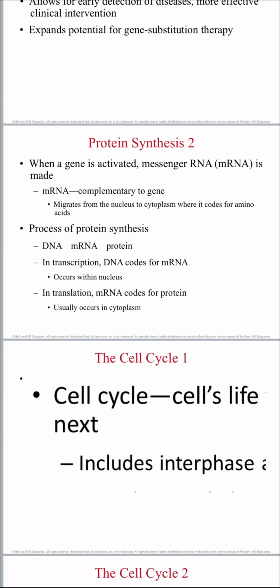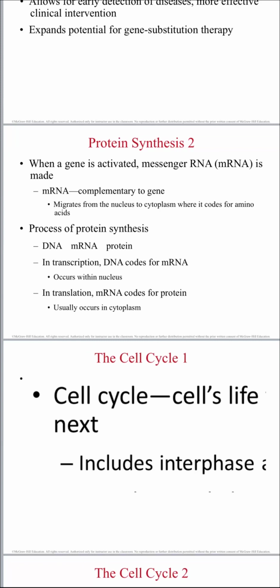And again, the gene is just a sequence of bases that tells you which amino acids go where. Again, we're making proteins, which are made out of amino acids. So messenger RNA is going to be produced once we start reading a gene. Messenger RNA is smaller, and it's just that gene that is specific for the protein I'm making.